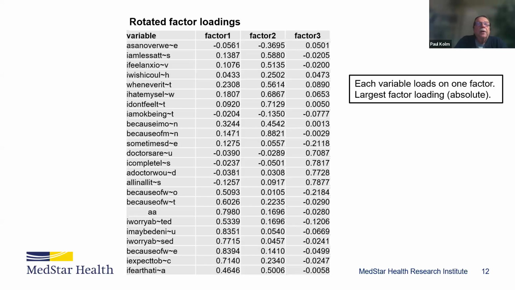So for example, in the first item, you can see that it loads on factor 2, not factor 1 or factor 3. It's a negative value, but in terms of absolute value, it's the largest. So this is going to load on factor 2. And you can then see that there's a group of variables here that have the highest correlation, or factor loading, compared to the others.